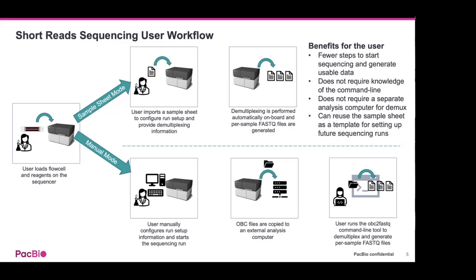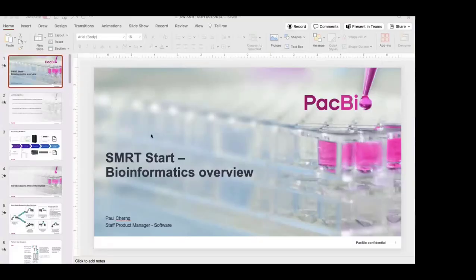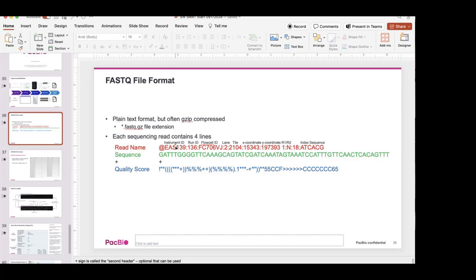Yes, inside the file itself, it uses the exact same structure. I think I do have an appendix slide on this. Let me see. Okay, so the FASTQ format is the exact same FASTQ format that's used by Illumina. I think people just call it the Illumina 1.8 format or something like that, but what that usually refers to is the quality score encoding they're using.